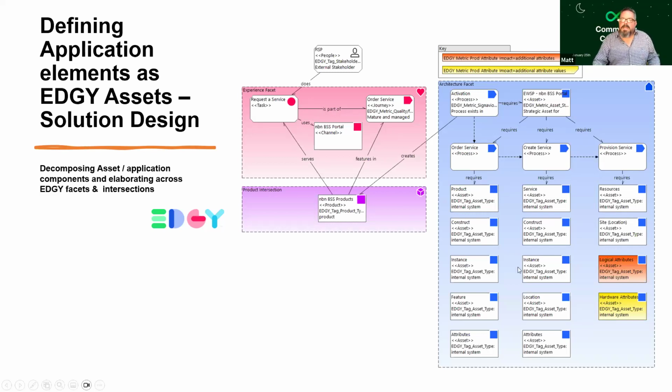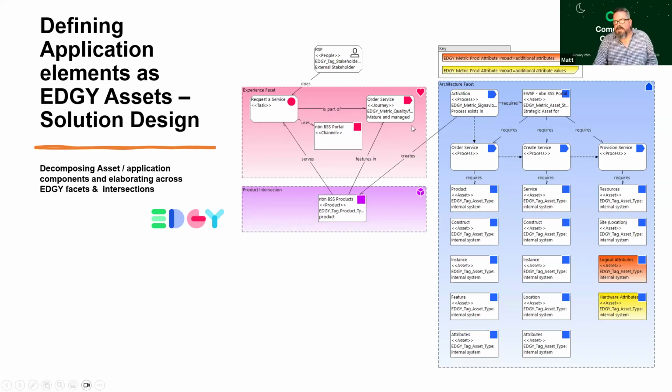So in this instance, it made sense, because of who I was trying to communicate this with and the team of people working with, to model within an EDGY asset model, if you like, to drill down into some of those system components. There was nothing that prevents me doing that, and it worked.